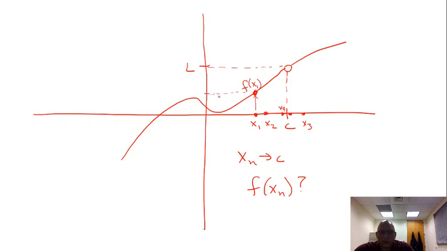Then x2 gets mapped up here, so I get an f of x2. Here's f of x1, the y value, here's f of x2, and f of x3 is this point here.